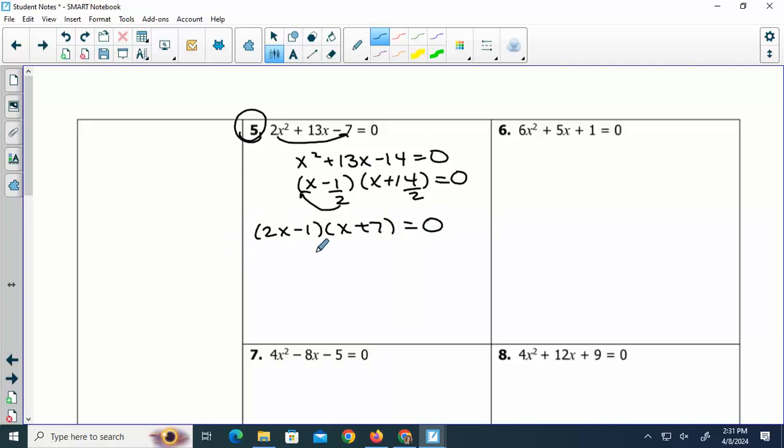And then to finish, we set each of these parentheses equal to 0. Add our 1. 2x equals 1. Divided by 2, so we get a positive 1/2.